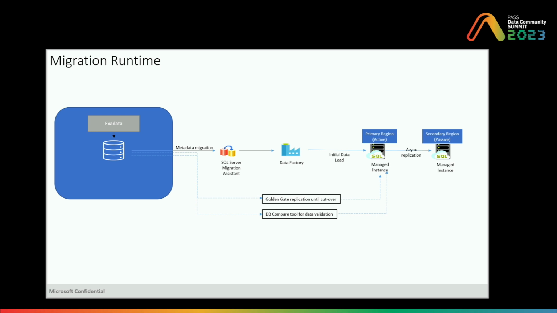As you can see, the data compare tool is one of those gaps which we identified, where it can compare both the source and target databases, table by table, column by column, and give you very precise details on whether everything is matching or if there is anything which is not matching. And then you can go and make those fixes.